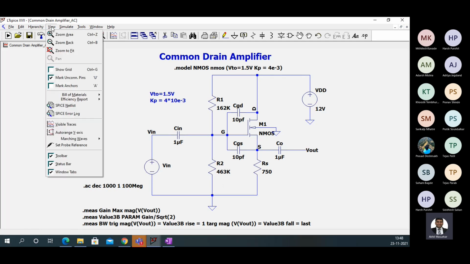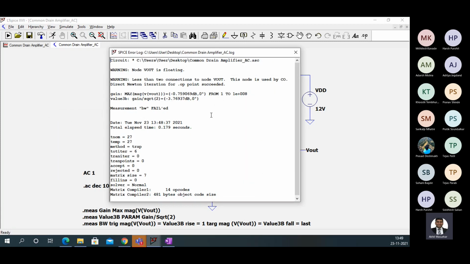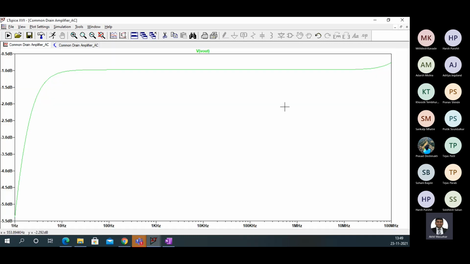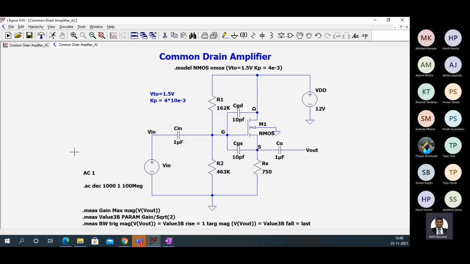And if you would want to measure the bandwidth, the measurement failed because this graph is going up. It's going up, it's not coming down. So in that sense, let's make it 20.